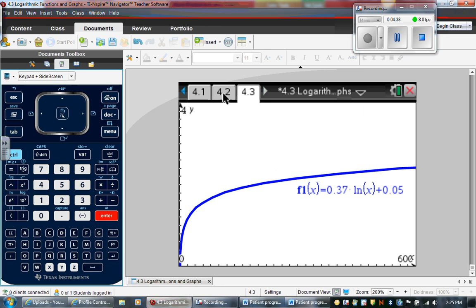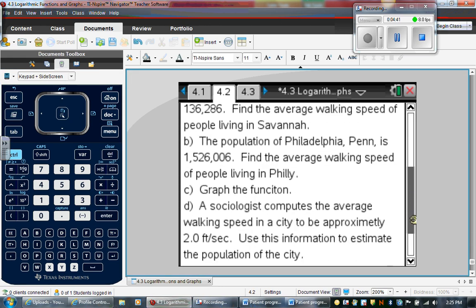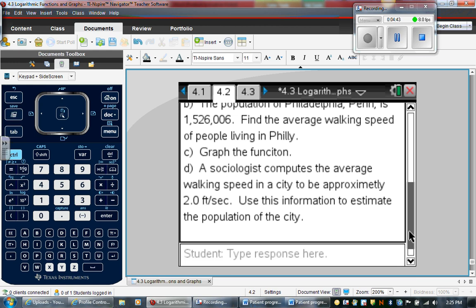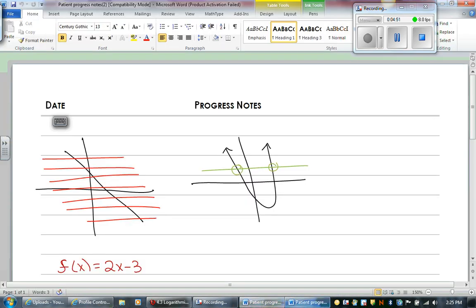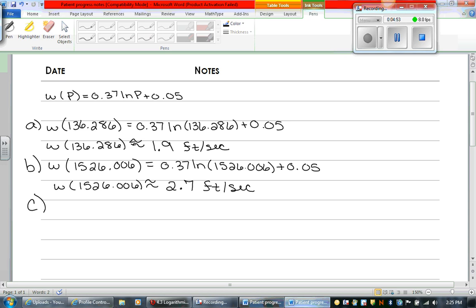Okay. So part D wants us to find the approximate population of a city that is walking 2 feet per second. So we're going to have to work in a different order here. We're going to take our function, and instead of plugging in for P, we're going to plug in for W of P. So it's going to become 2 equals 0.37 ln of P plus 0.05.